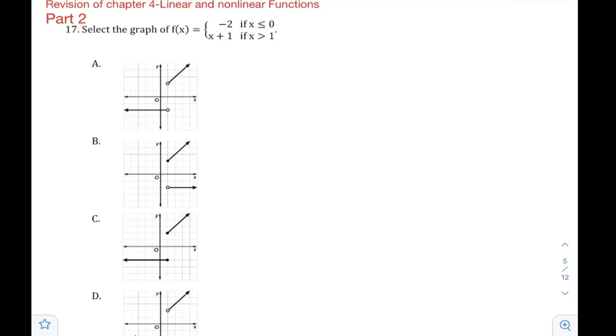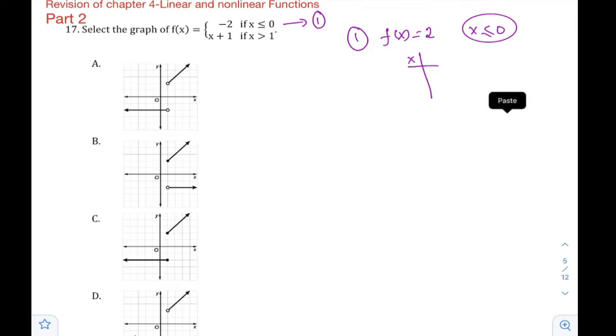The first piece is this one. f of x is equal to 2 when x is less than or equal to 0. So you cannot assume any value of x more than 0.